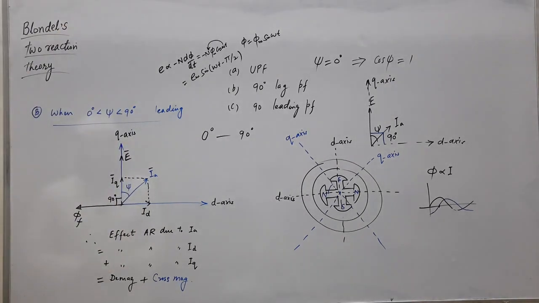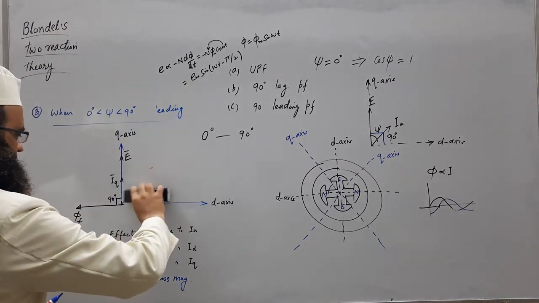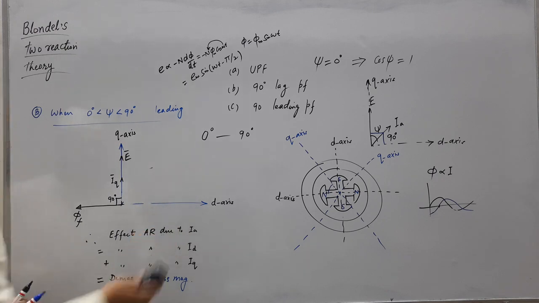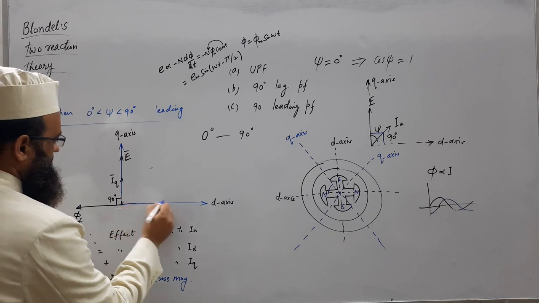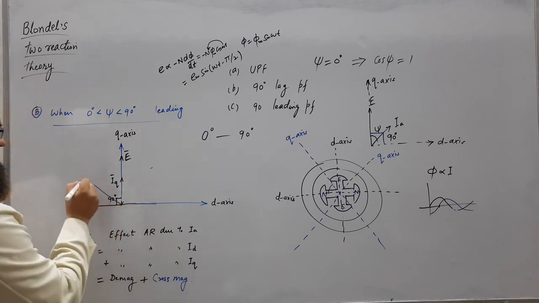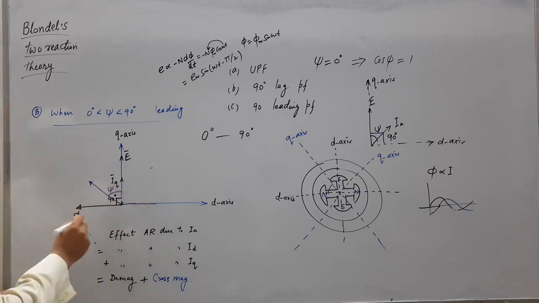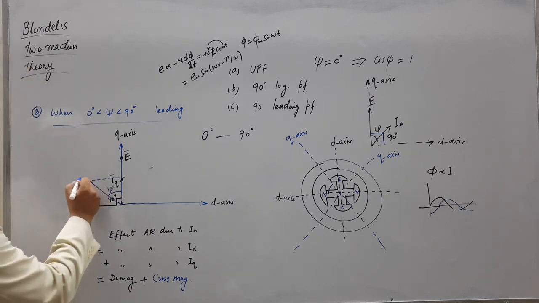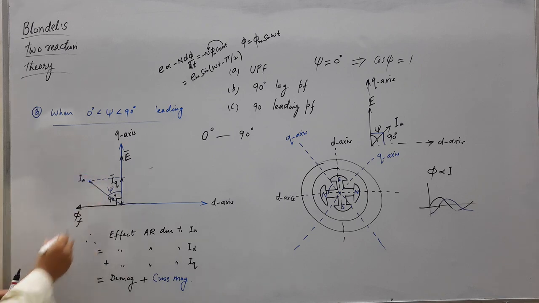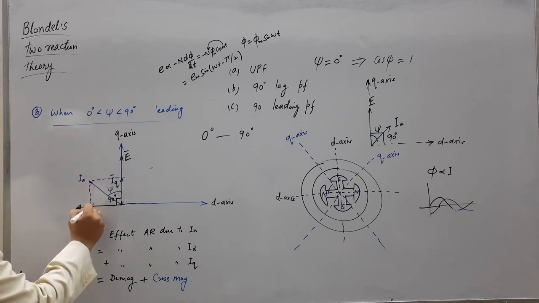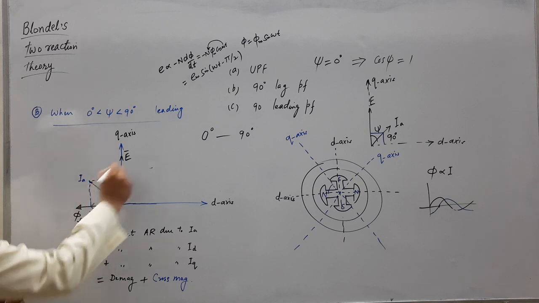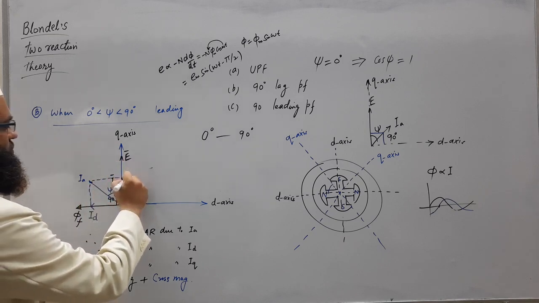So, this time the current is leading, this is psi. So, once it is leading, again as per Blondel's two reaction theory, we can resolve IA into two components, one along the D axis, ID, and one along the Q axis, IQ.